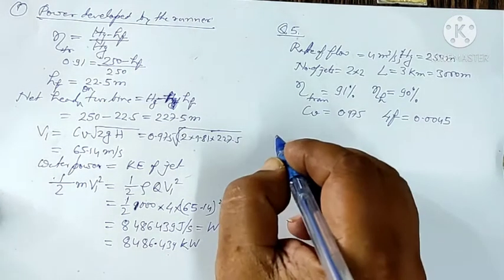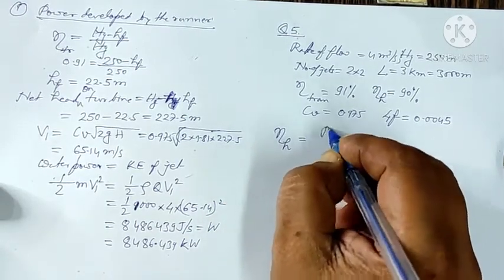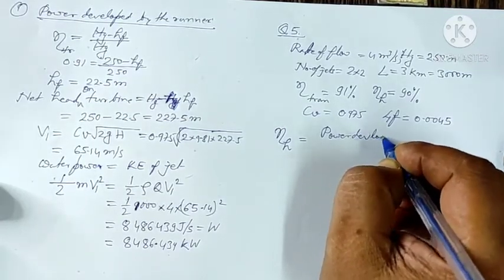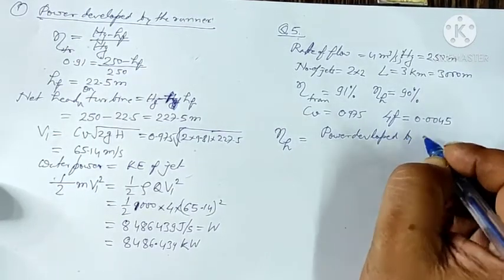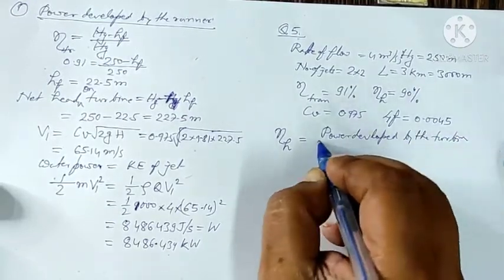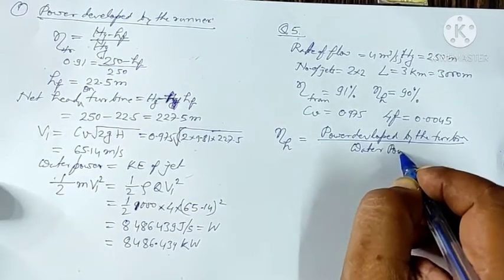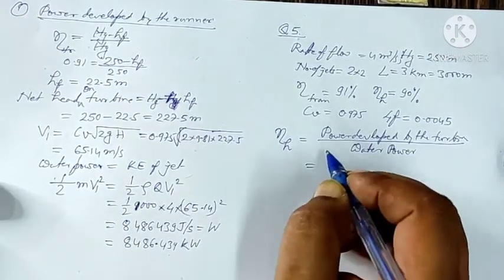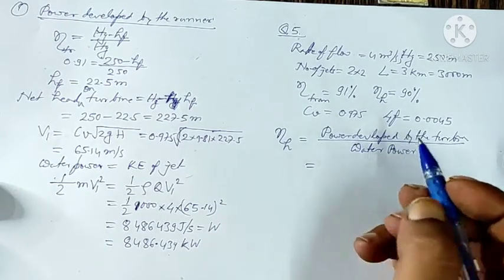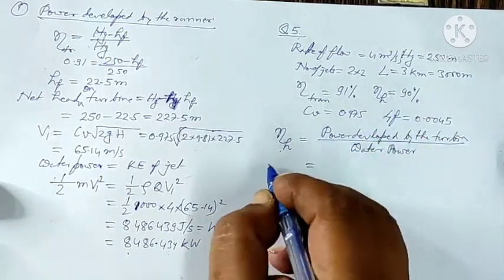Now the hydraulic efficiency of the turbine is given as the power developed by the turbine divided by the water power which we are supplying at the nozzle. So power developed by the turbine we don't know, but we know the water power as this, and we know the hydraulic efficiency is 90%.